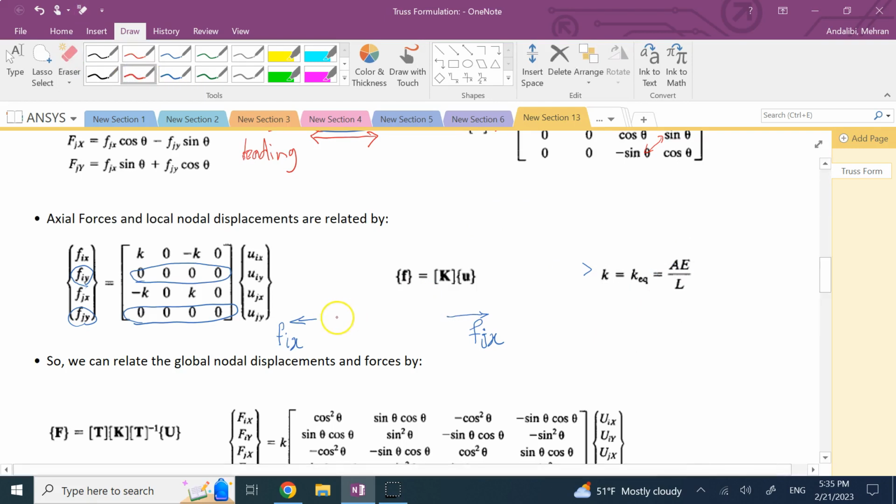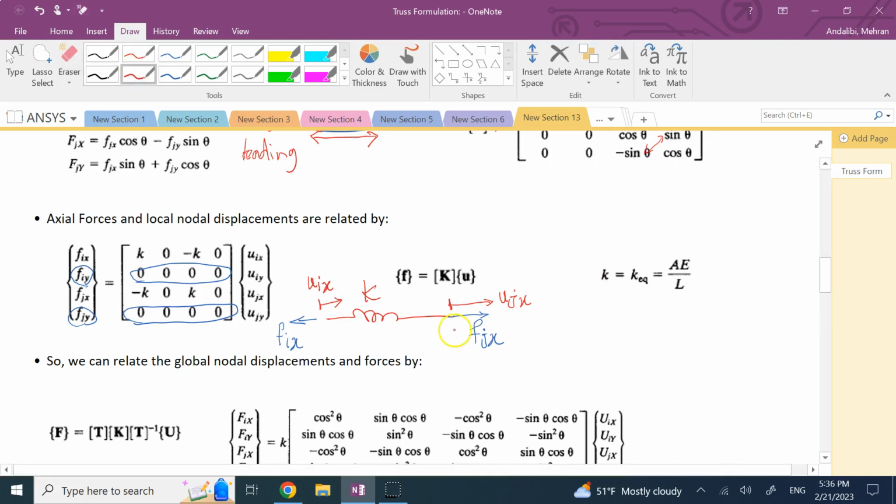I can replace it by a spring, for which the constant is k, and then this node of it will move by u of j and x, and this node of it will move by u of i and x, right?